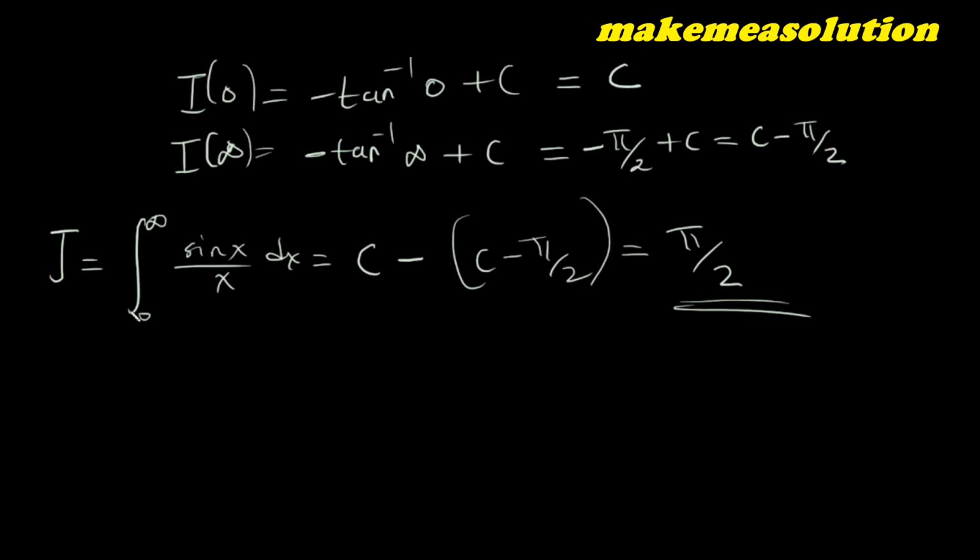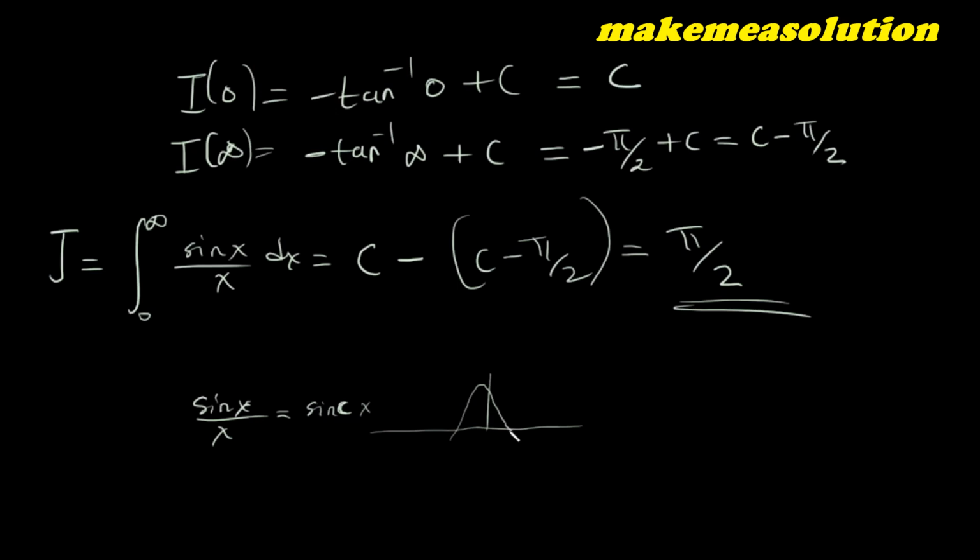So this is a very, very important function. I'll just say a few things before I round up. Sine x over x is an important function, and sometimes they write it as sinc x. Some standards agree to write it like this, and this is the cardinal sine.